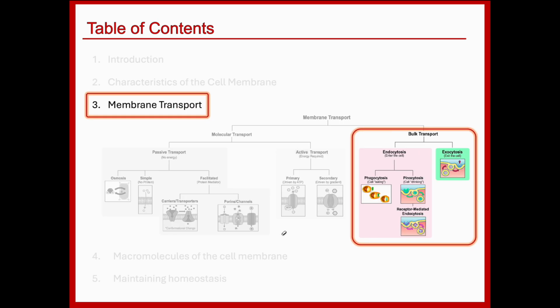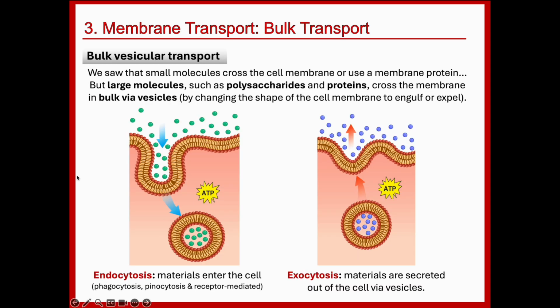So for membrane transport, we've seen passive, we've seen active transport. Bulk transport is actually a form of active transport as well. I know here it says bulk, but you could add active on the top over here because it does require ATP. It's just its own separate thing because it's a little bit weirder.